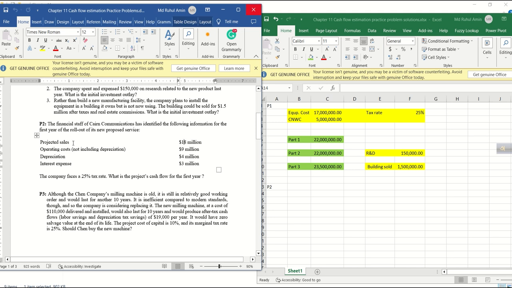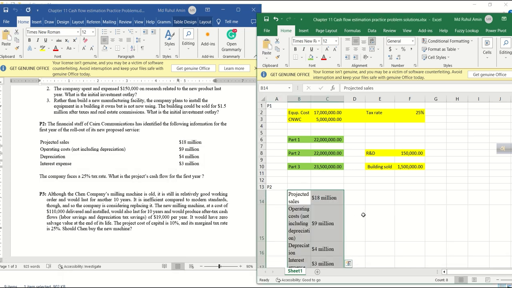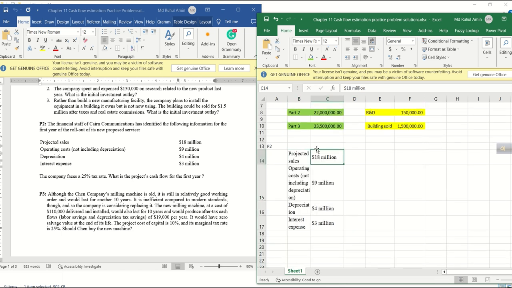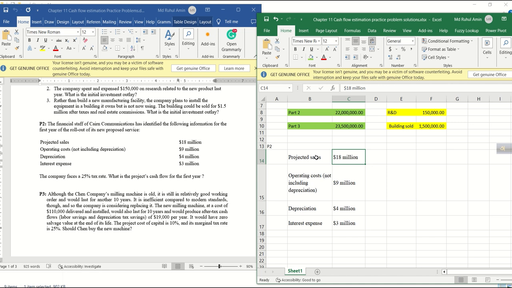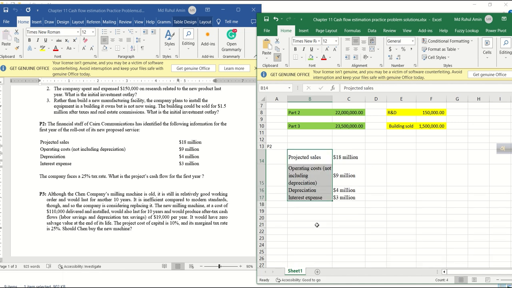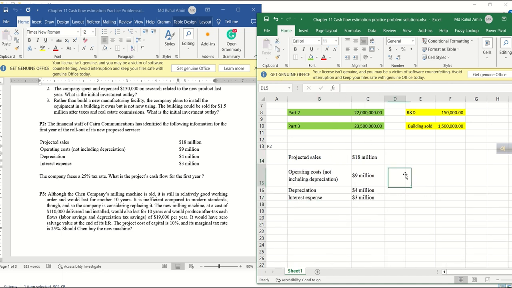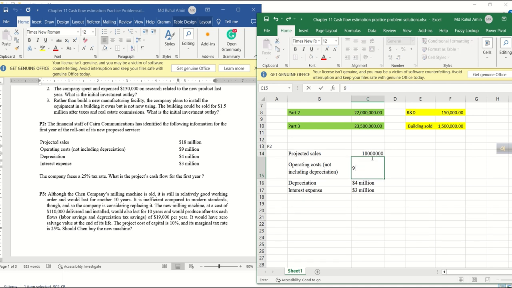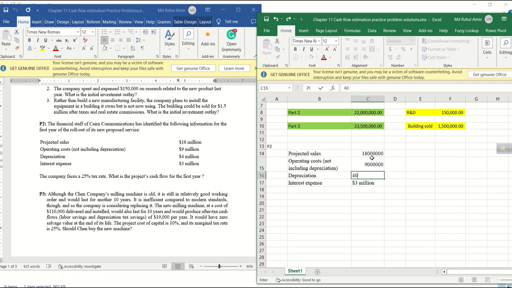Let me copy and paste it into our Excel. Okay. Sales we should type as 18 million, then 4 million, and interest expense is nothing, 0.